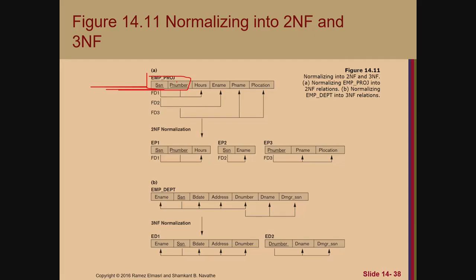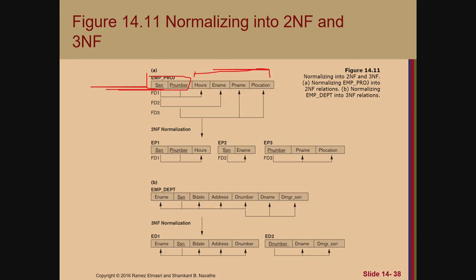Inside the set we call prime attributes, and the attributes outside of the set, from here to here, we call non-prime attributes. Okay. After that, the concept of second normal form is full functional dependency on all members of the primary key.